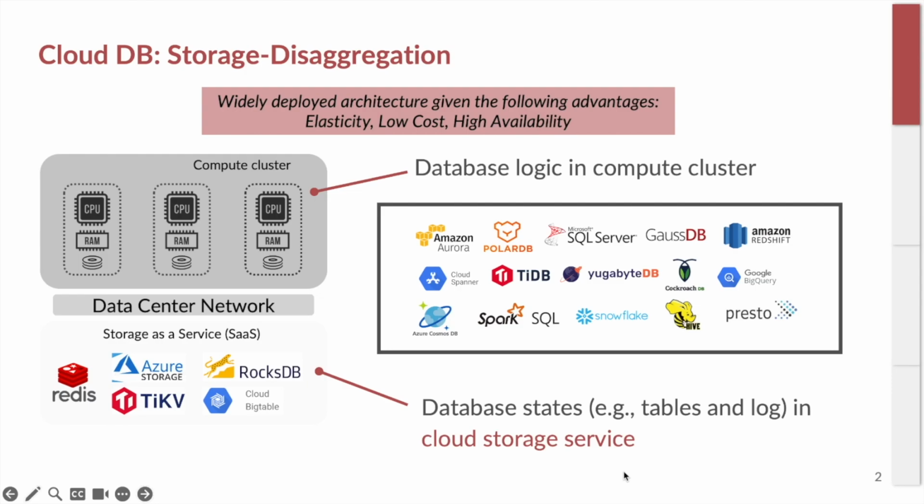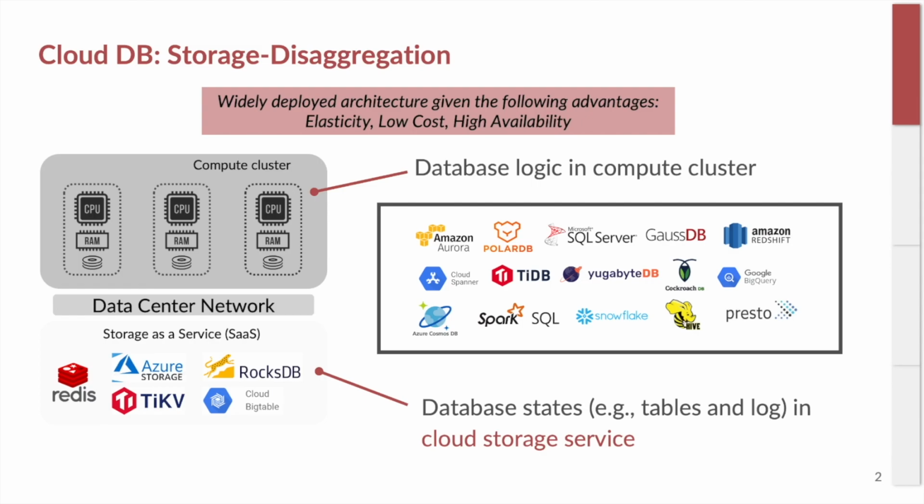Such architecture allows independent scaling and billing of computation and storage, which can improve resource utilization and reduce operational cost. Moreover, it also allows people to build their system on top of existing storage services, which offer essential features such as high availability, scalability, and security at low cost.